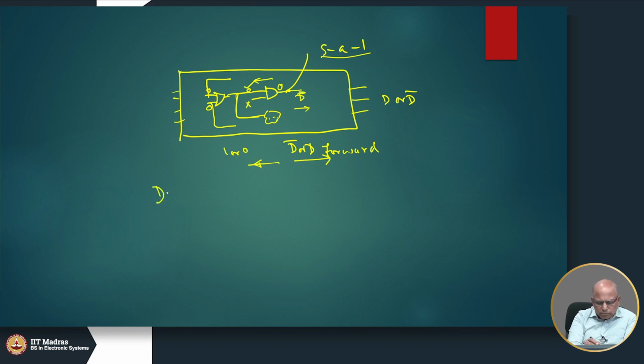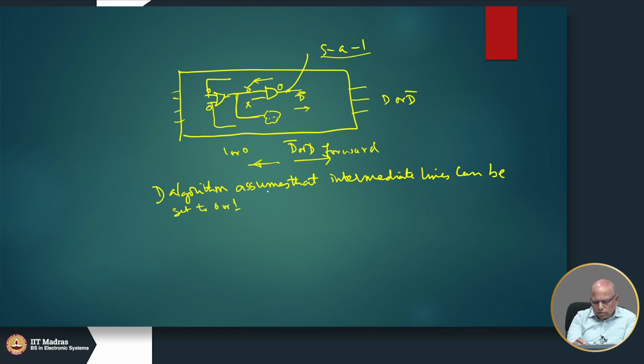So, D algorithm assumes that intermediate lines can be set to 0 or 1 and then tries to justify.